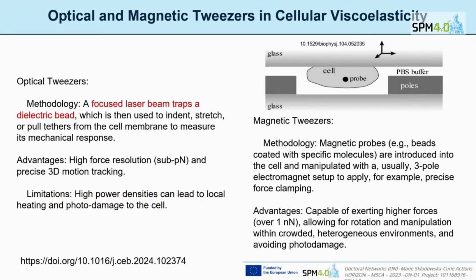Going further, AFM is not the only equipment used to evaluate viscoelastic properties of biological samples. One group of these machines are optical or magnetic tweezers. The idea is quite similar. We use either an electric or magnetic field to trap the particle.